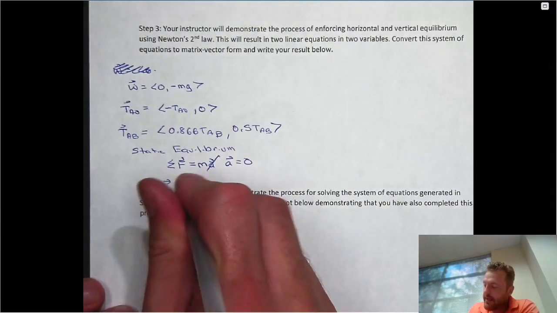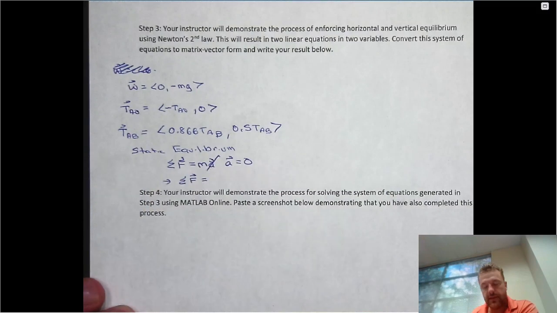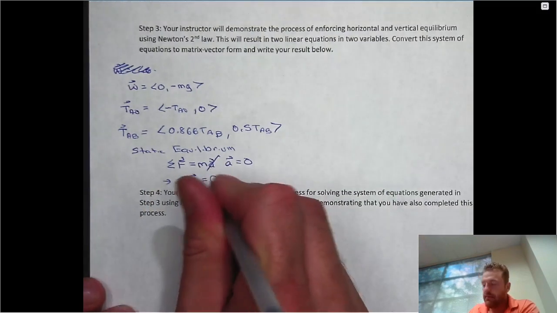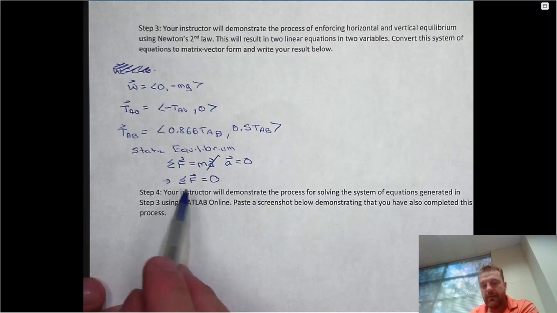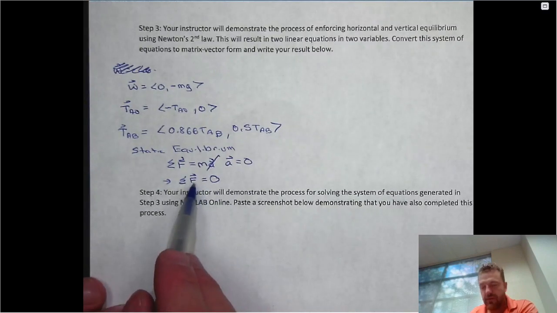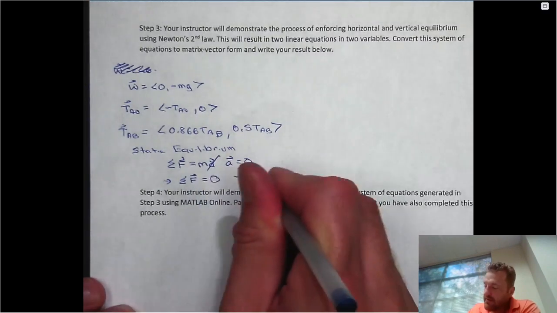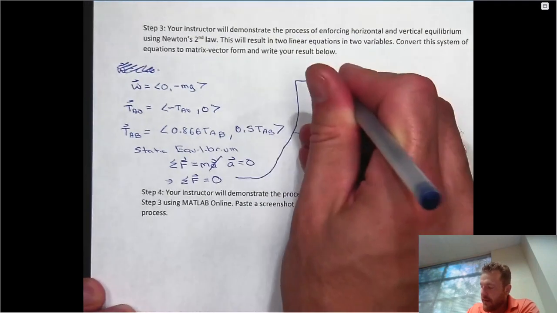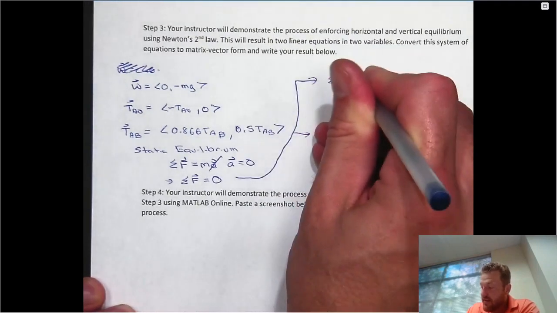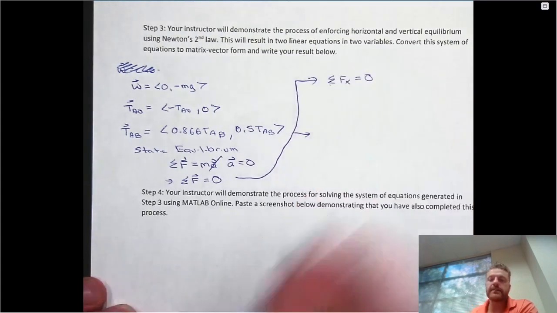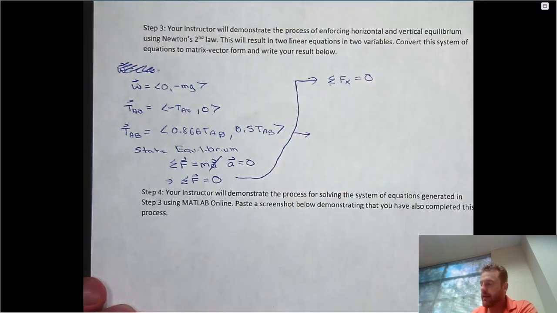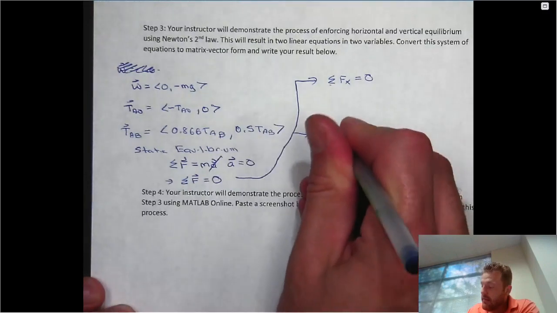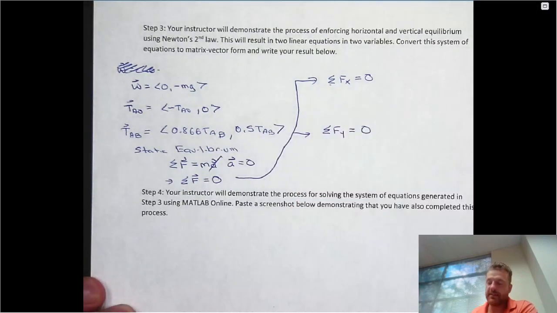So what that means is that the resultant force, which is nothing more than the sum of all forces acting on a body, must be 0. In addition, remember that this is a vector equation. The force is actually a vector. So I'm actually able to take this and write two equations from it. The first equation I can write, rather, is that the sum of all the x components of the resultant force acting on a body must be 0, and the sum of all the y components must be 0.